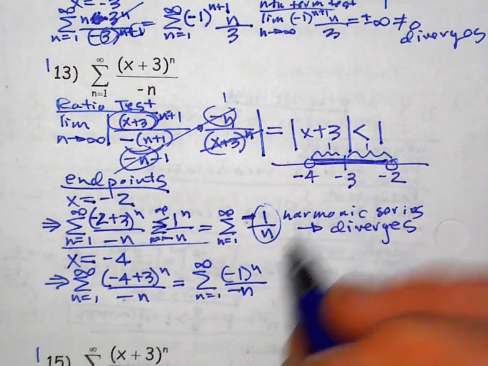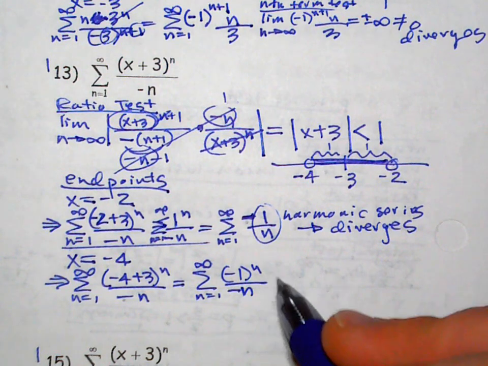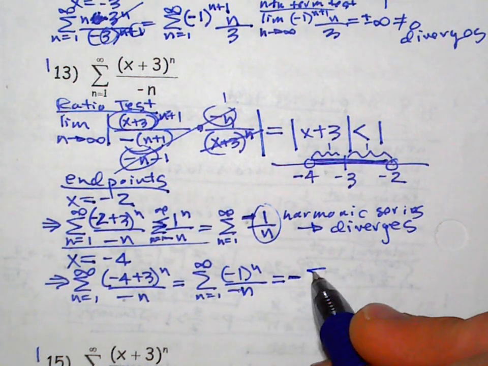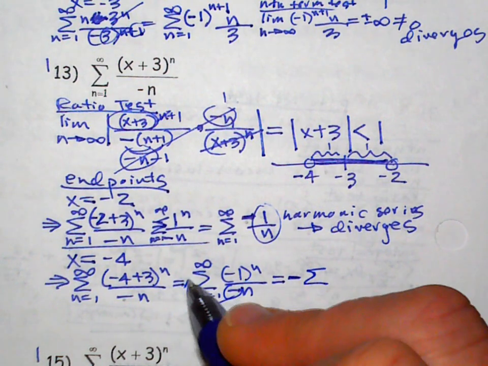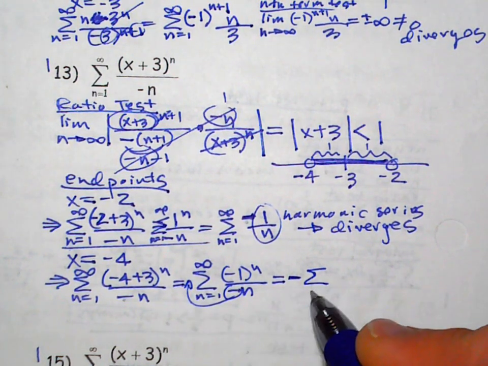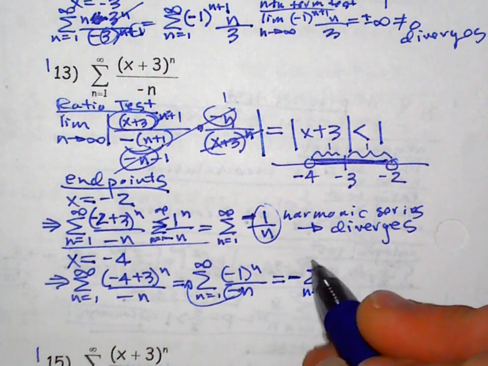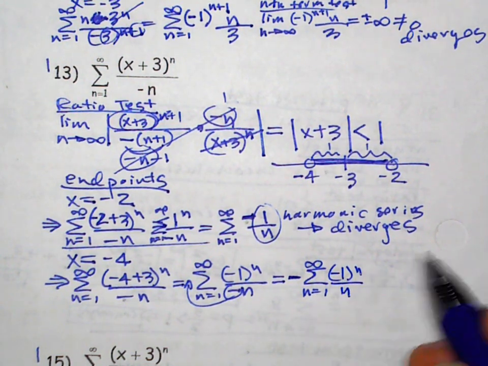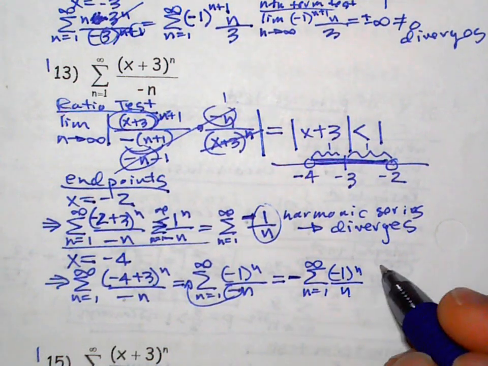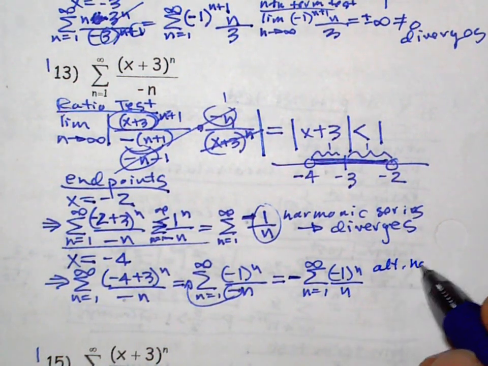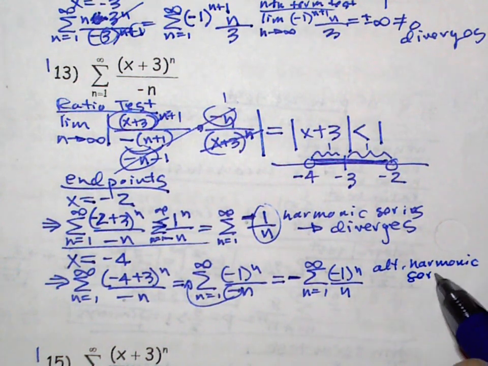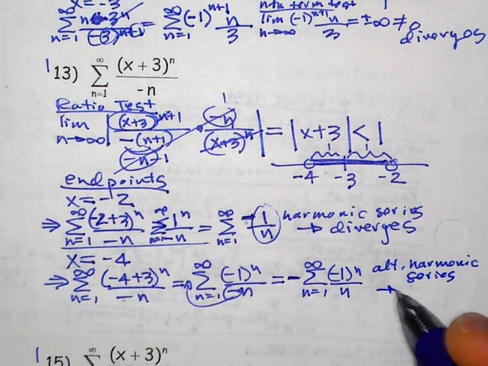And I mean, you might look at this and say, hey, and this is something you're allowed to do, you can bring that negative out front, any constant or anything. And you could be like, oh, that's the alternating harmonic series, which we know converges.